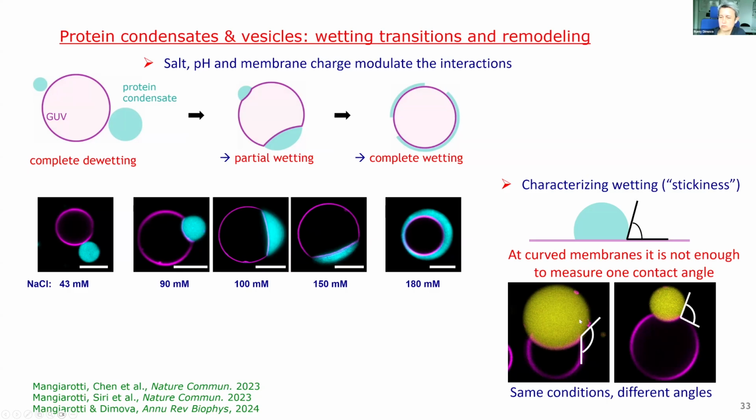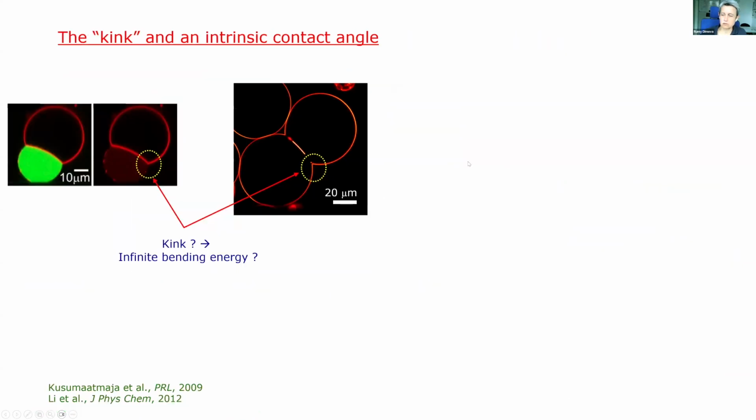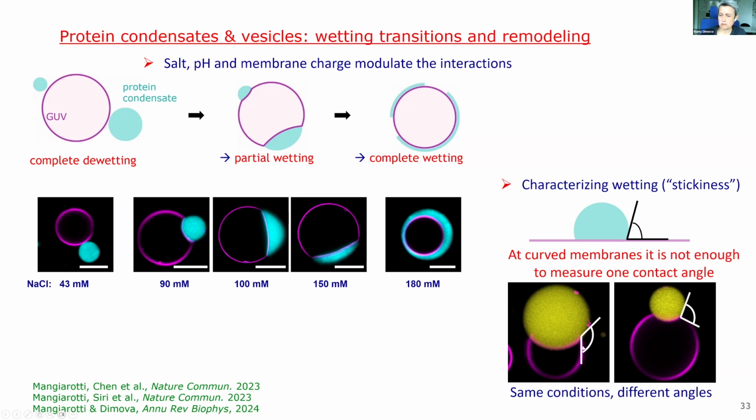You should also measure all the others. And I'll tell a little bit more about this, but these two pictures illustrate a condition where you have in the same sample, the same membrane composition, the same condensate composition, but exhibiting two different contact angles.